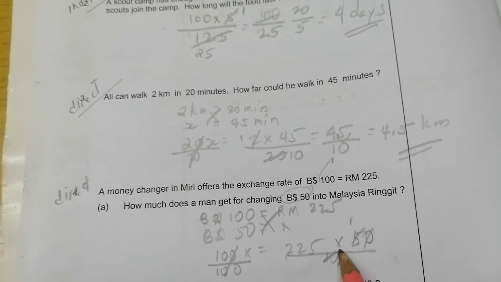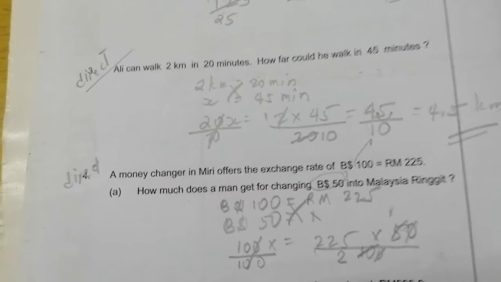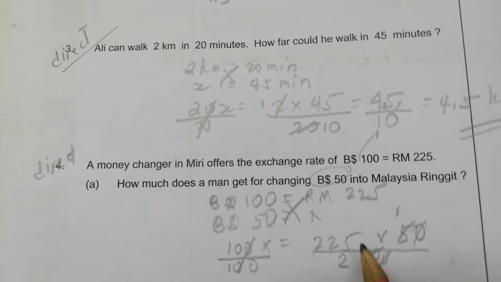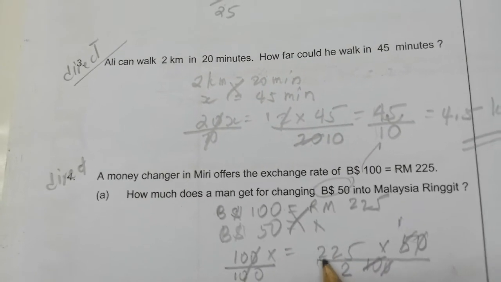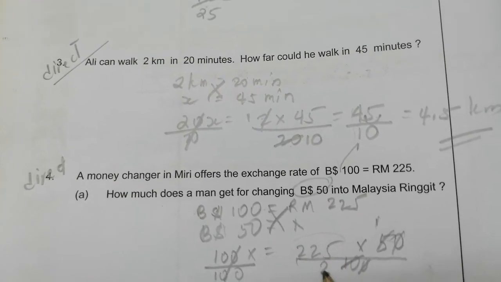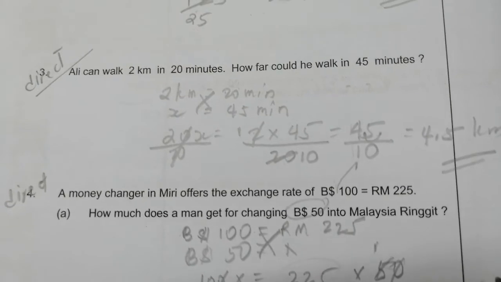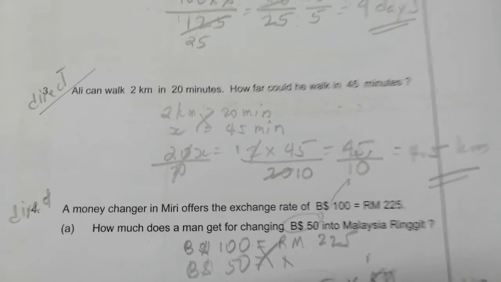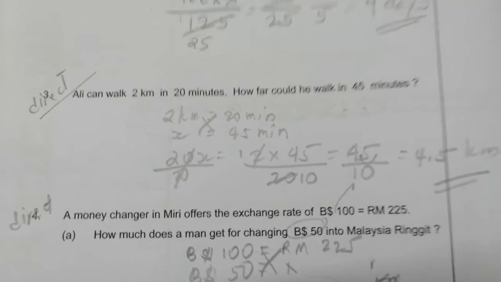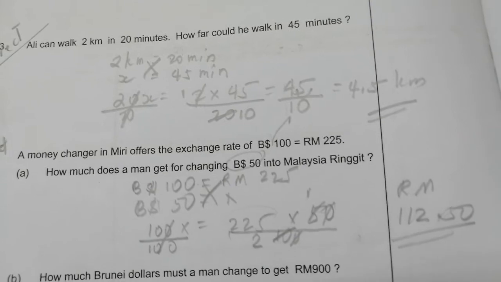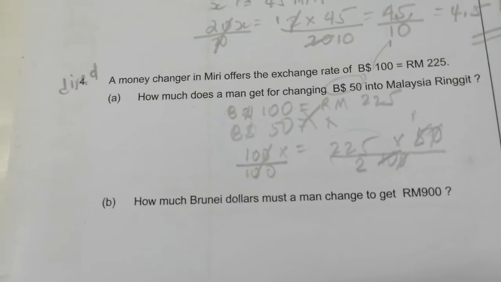This is 1, this is 2. Okay, then you can do a mental calculation like 225 divided by 2. If 200 divided by 2 is 100, then 25 divided by 2 is 12.50. So our answer will be 112.50 RM. This is in RM.